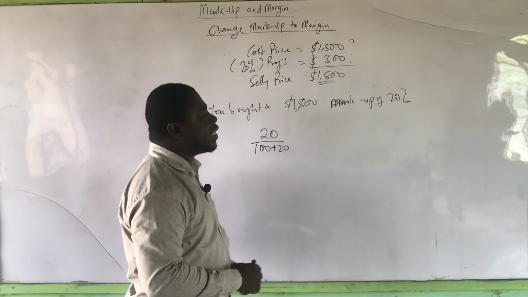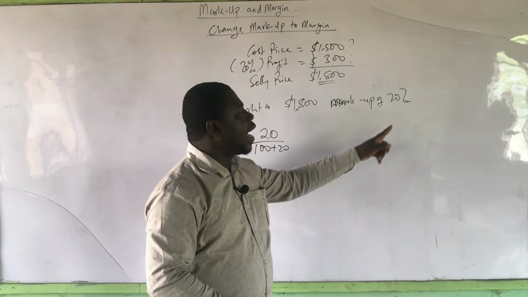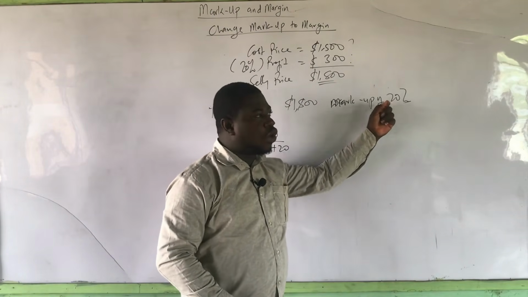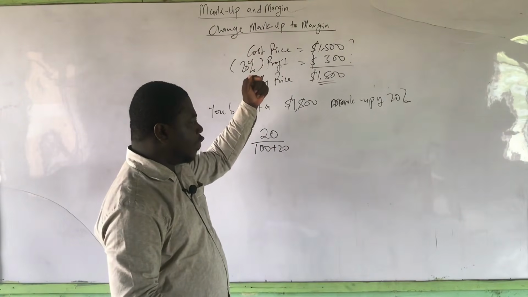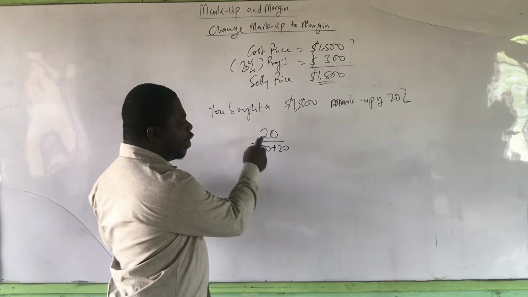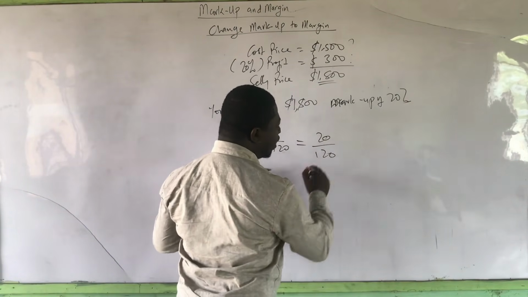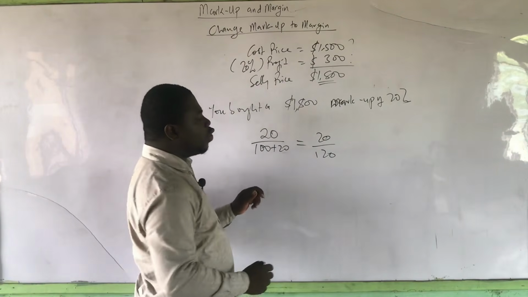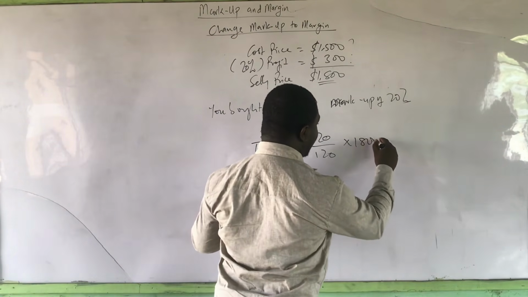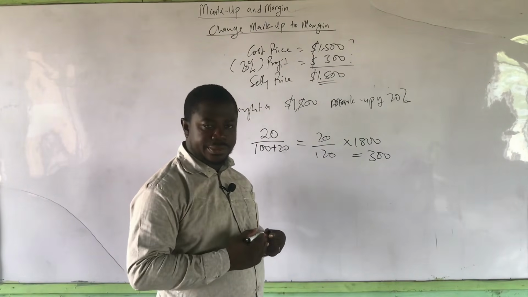So what I'm saying is that anytime you are supposed to change a markup to margin, please add the percentage profit or whatever the fraction, the numerator of the fraction, because we change this to fraction, it will be 20 over 100. Then we add the numerator of 20 to the denominator, and that is going to give us 20 over 120. So now when we apply 20 over 120 on the 1,800, it's going to give us 300 so that we have our profits back.